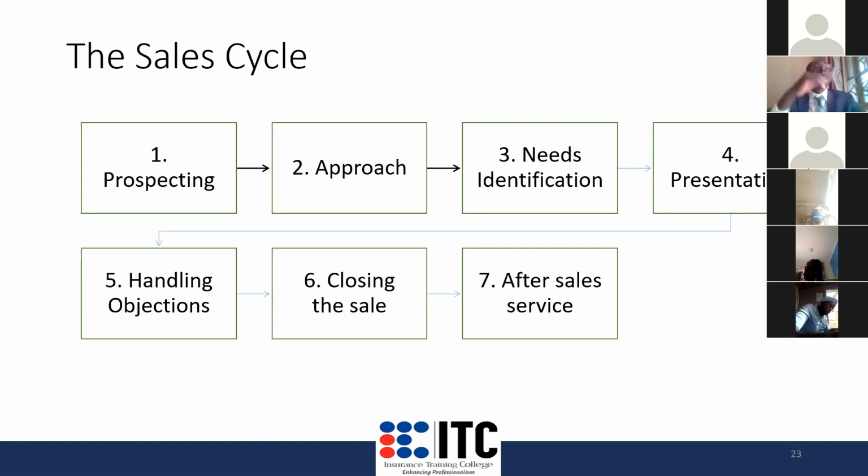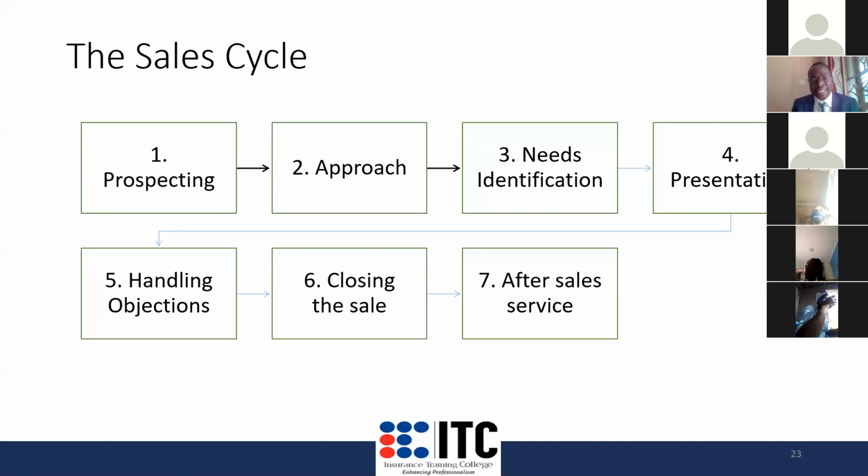Number 4, we look at the presentation, and in the presentation we say this is part of your packaging, part of your pricing. It includes knowing what the product is going to offer to that client, the benefits he is going to get out of it, what price, how you are going to present it, what package.